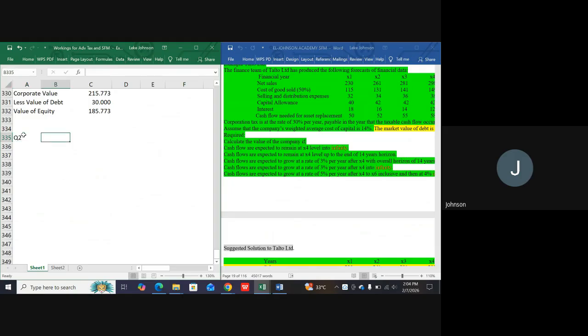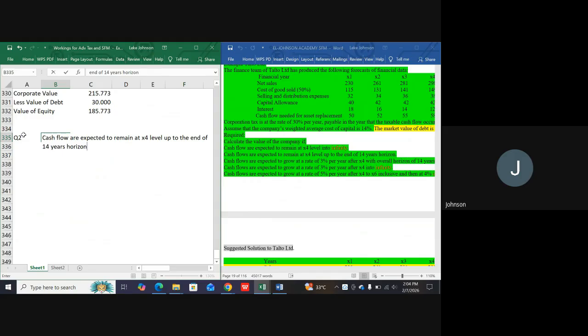They say that cash flows are expected to remain at X4 level up to the end of 14 years horizon.